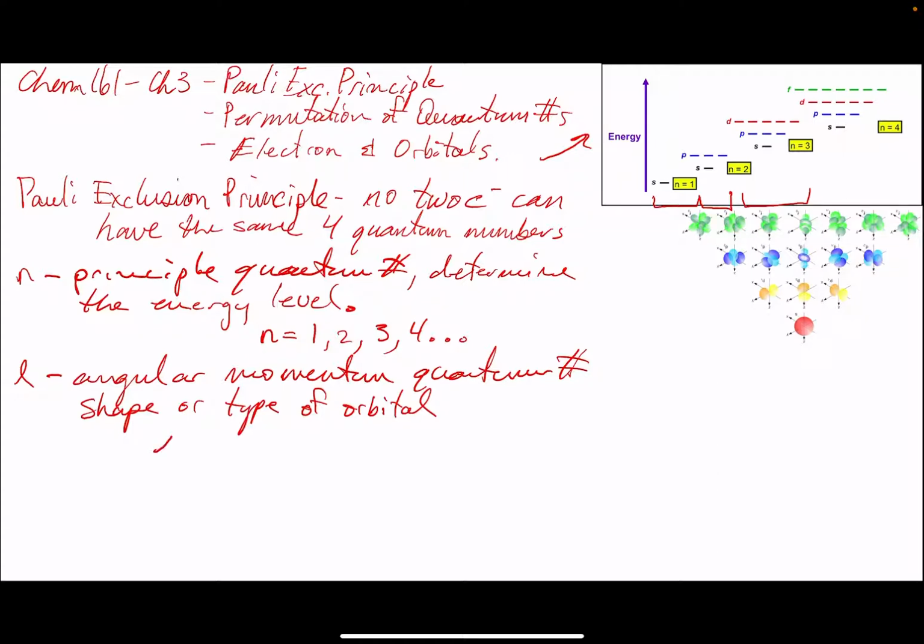The rules for l are that it is, again, allowed to be an integer only, and those values for that integer can range from 0 through to n minus 1.